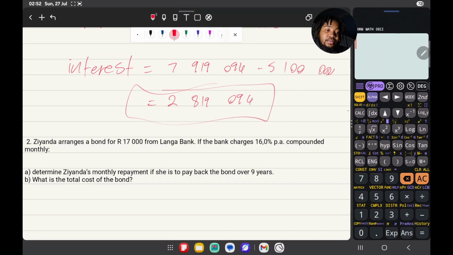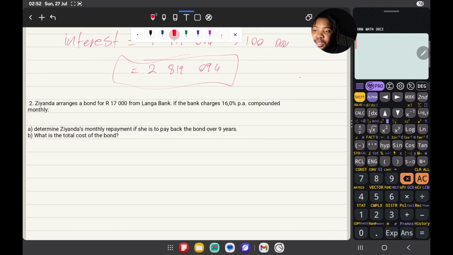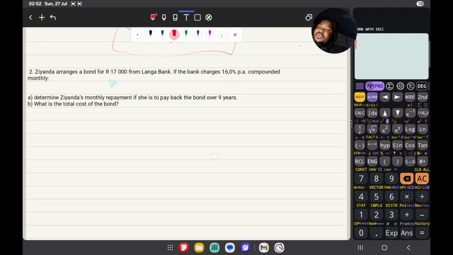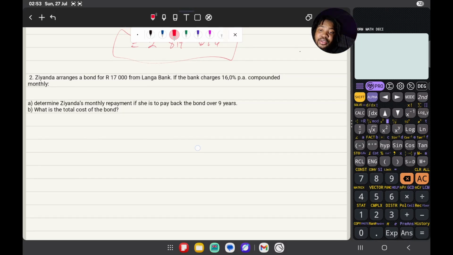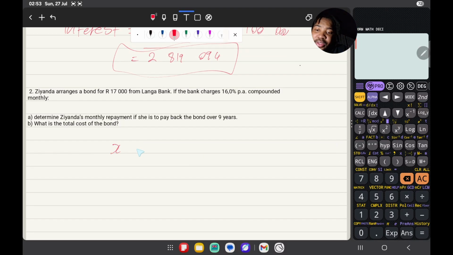Let's see the next question. It says this person arranges a bond for 170,000 from Langa Bank, and the bank charges 16% compounded monthly, and we have to determine how much money she'll have to pay every month to pay back the bond over 9 years. It's going to be the same thing. Since we derived the x, we can just use it here: 1 minus 1 plus i to the minus n.